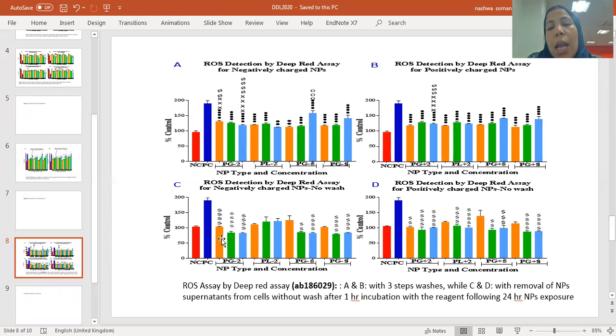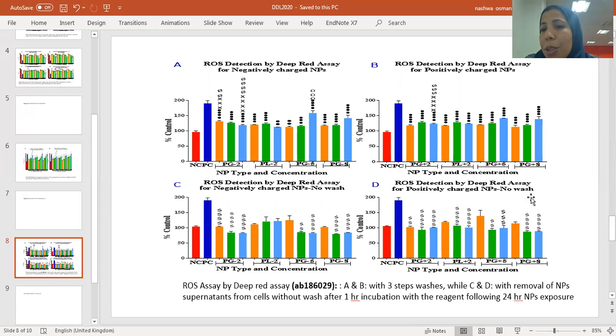But when we applied the same reagent without efficient removal of the nanoparticle, you can see a decreasing trend. This decreasing trend has been reported for many ROS assays applied after similar exposures. They claim there is a bit of quenching of the fluorescent intensity at higher concentration, which I think is not really a quenching effect.